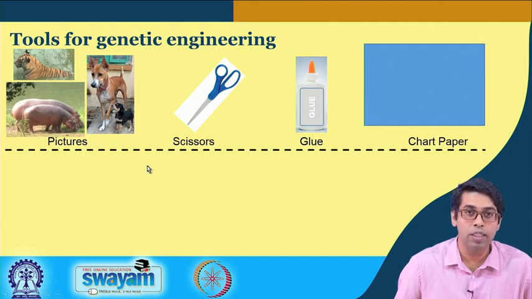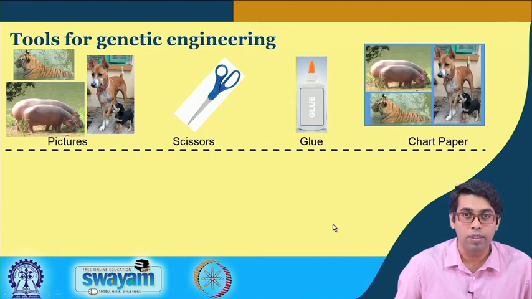The tools that you need are scissors, so that you can cut these pictures according to your need. You want to stick them into a particular book or a chart paper, so you need glue for pasting them, and then this chart paper is the platform on which you are going to put all these pictures. So, you cut them, you paste them onto this, and this is your final collage, right.